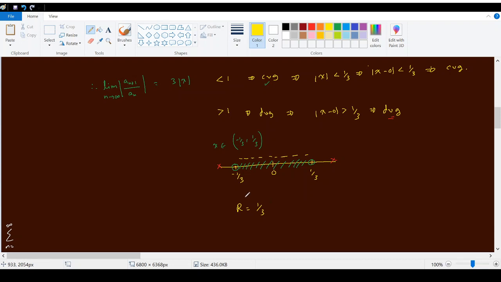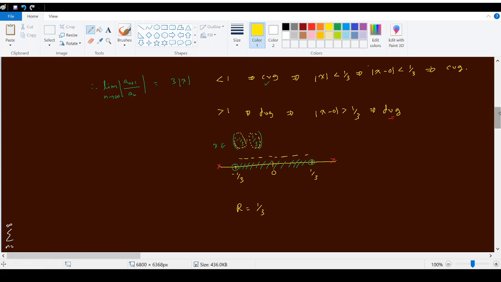Okay, but still we are not done yet, because we still don't know the convergence of the series at these two endpoints. Because here it says strictly less than 1/3, that is the values inside the interval, and here it says strictly greater than. That means the values outside the region. So still we don't know what will happen in the endpoints.